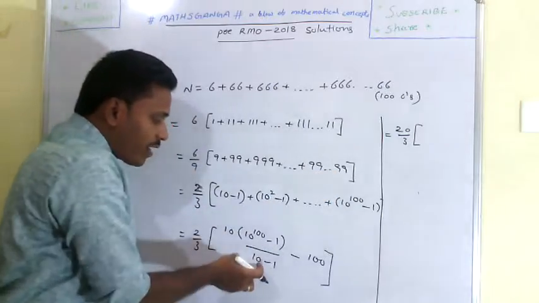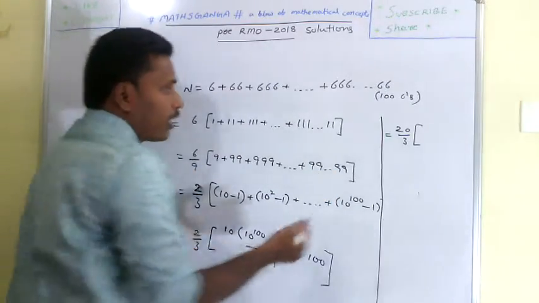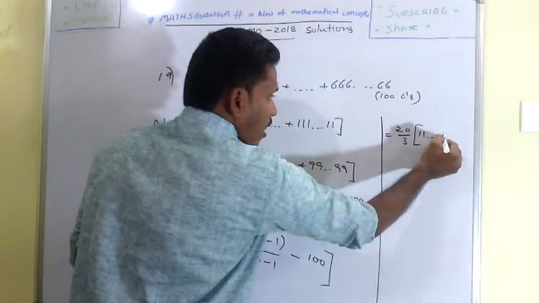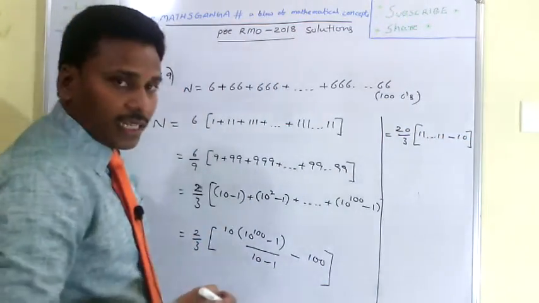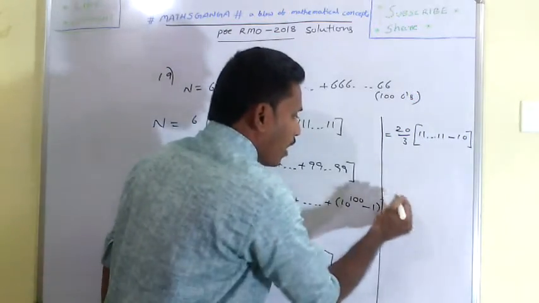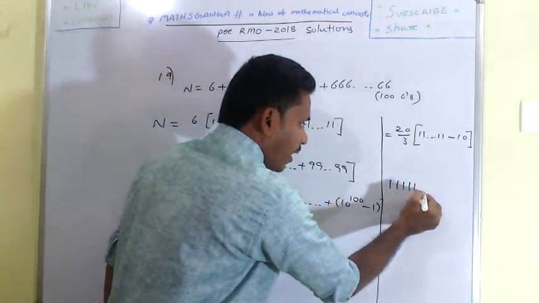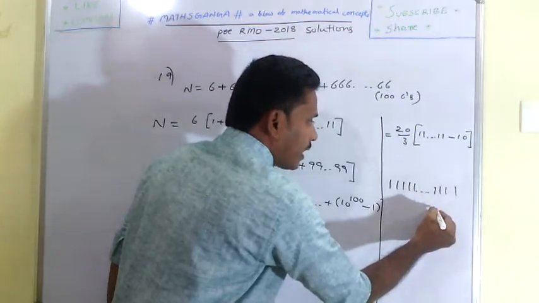That value is divided by 9. So automatically what you get? You will get 1 repeated 100 times, minus 10. So 1111, like that, 100 times, minus 10.